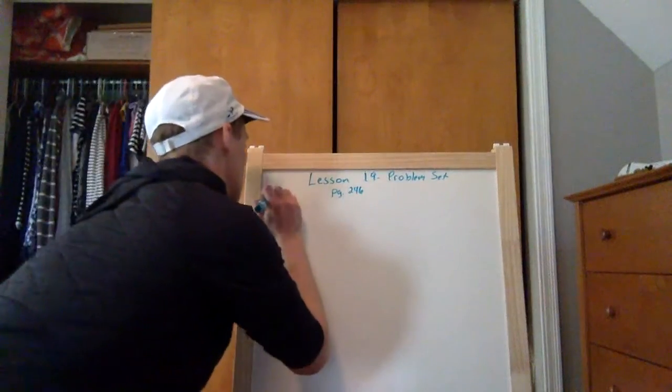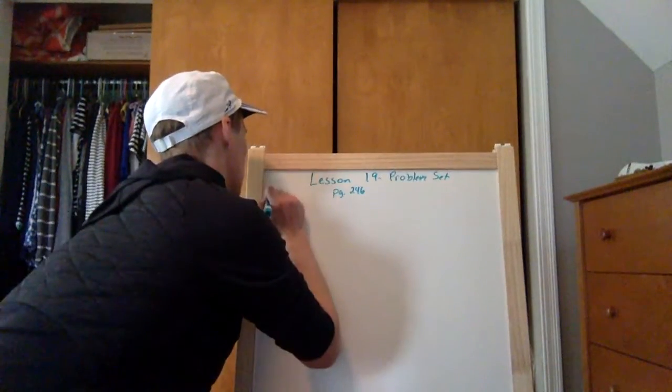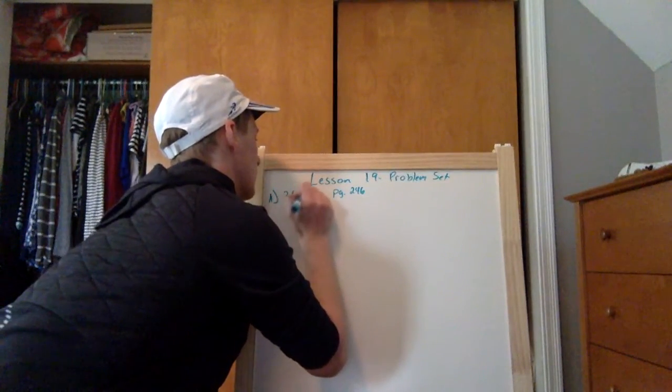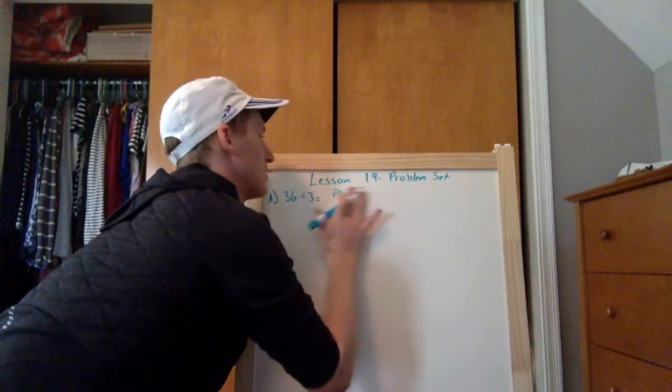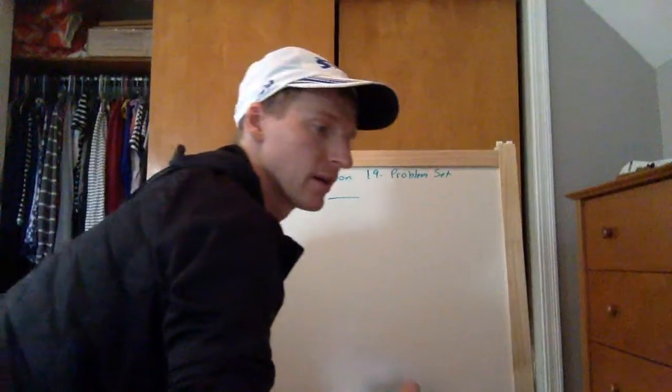It says, label the array, then fill in the blanks to make true number statements. 36 divided by 3 equals, okay, got a line there.